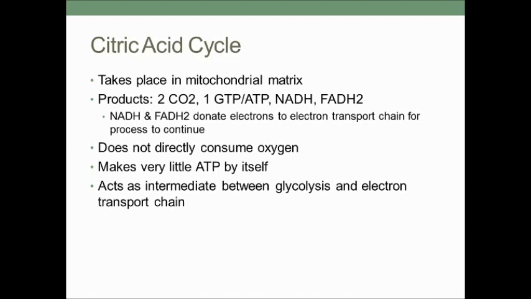The citric acid cycle does not directly consume oxygen, and really it makes very little ATP by itself. For such a complex process, we're only going to get out of this with either one GTP or one ATP. It's kind of sad. It's not a very efficient process. It acts as an intermediate between glycolysis and the electron transport chain.